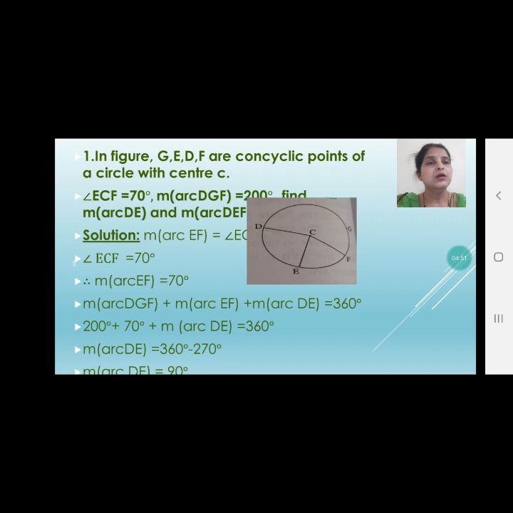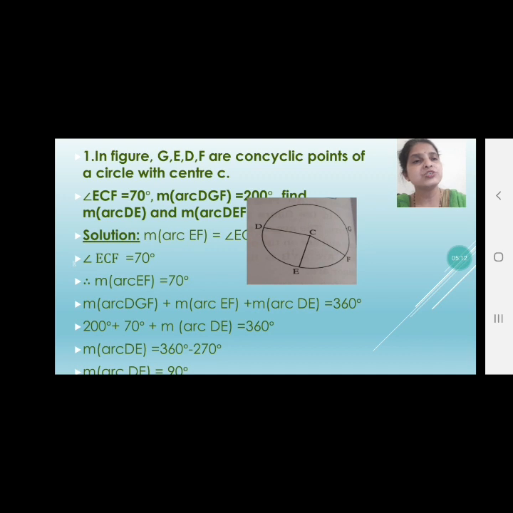Now here measure arc DE we have to find out, okay. So measure arc DE plus measure arc EF plus measure arc DGF is equal to 360 degree. The measure of the whole circle is 360 degree, right?